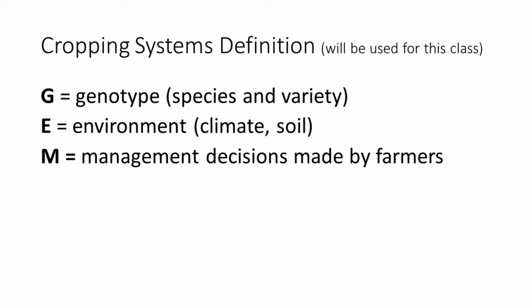So that's the G. So E refers to environment, which encompasses factors that farmers basically have no control over. They just kind of take what they get. And that's things like the climate and different soil attributes. So one example of a climate factor is the frost-free period or the length of the growing season.